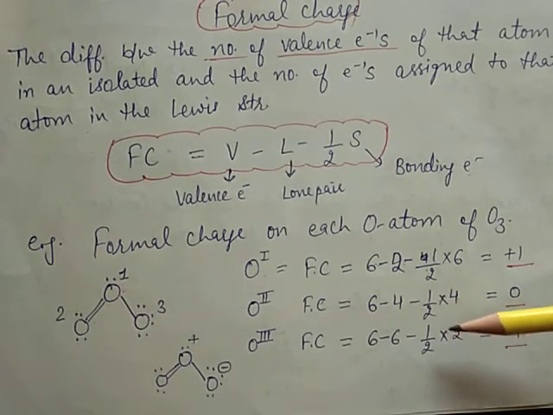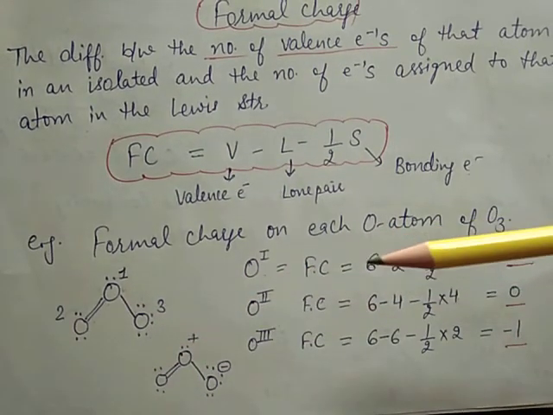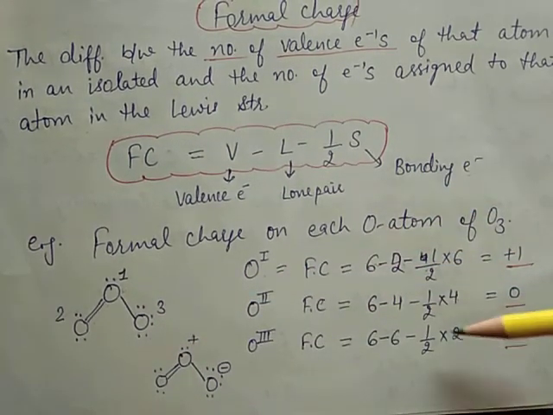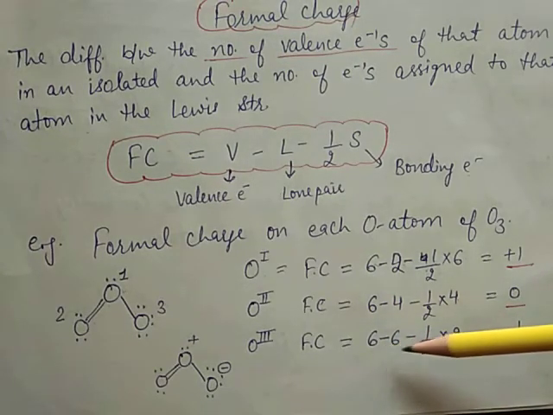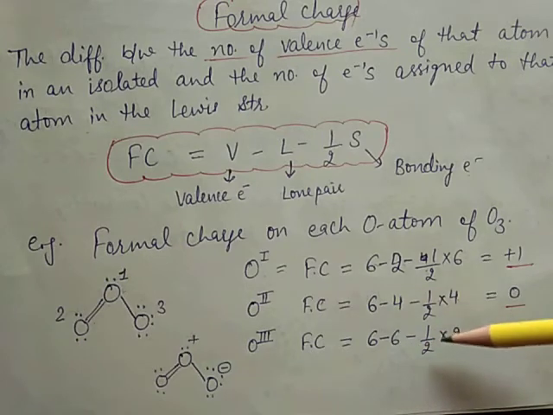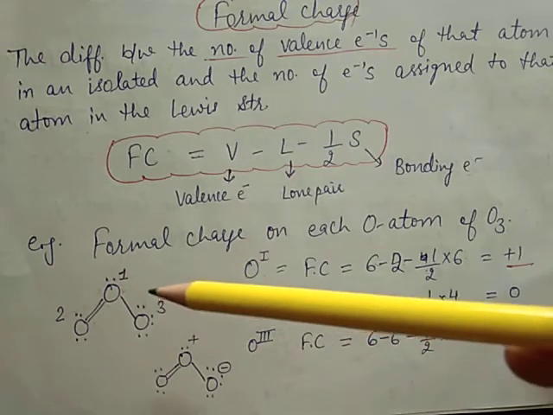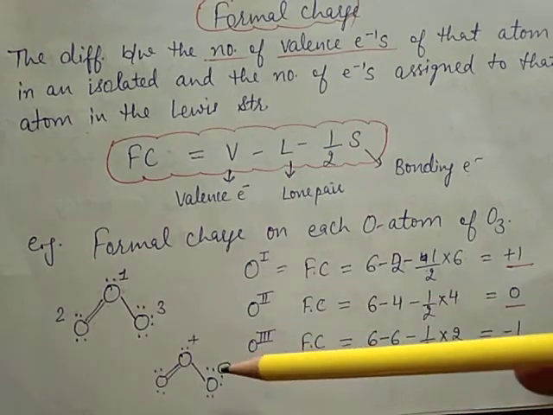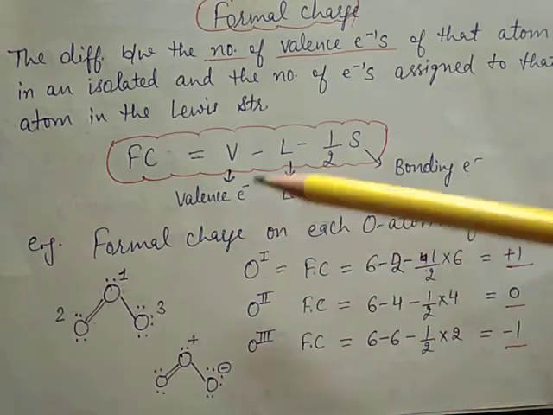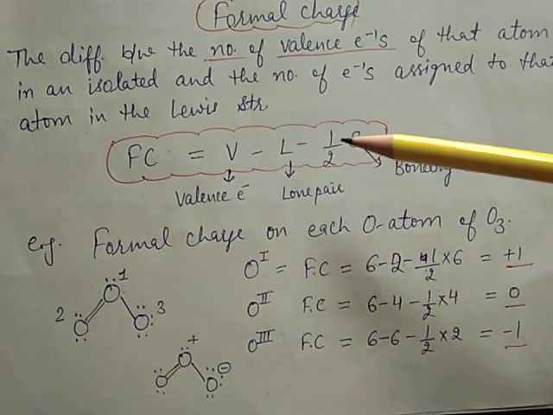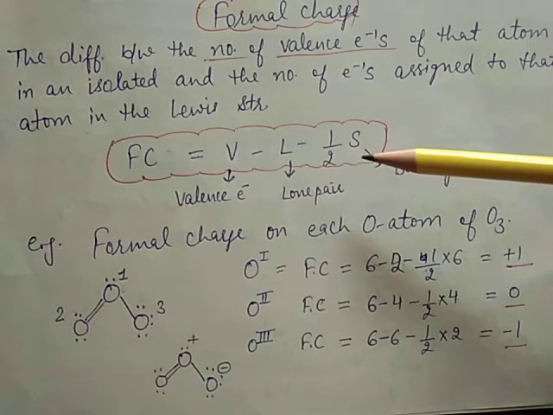Minus half into how many bonds are present? One bond is present. So one bond contains 2 electrons. So here we write 2. Half of 2 is 1. After calculating, 6 minus 6 minus 1 is equal to minus 1. So this oxygen has a minus 1 charge, so here we write minus. So with the help of this formula we can easily calculate the formal charge on each atom.